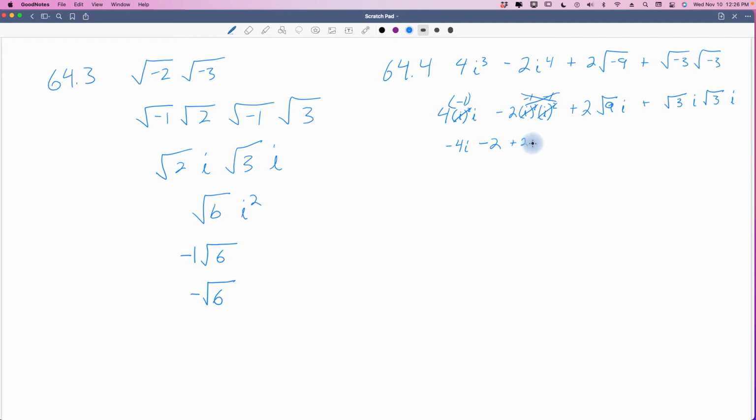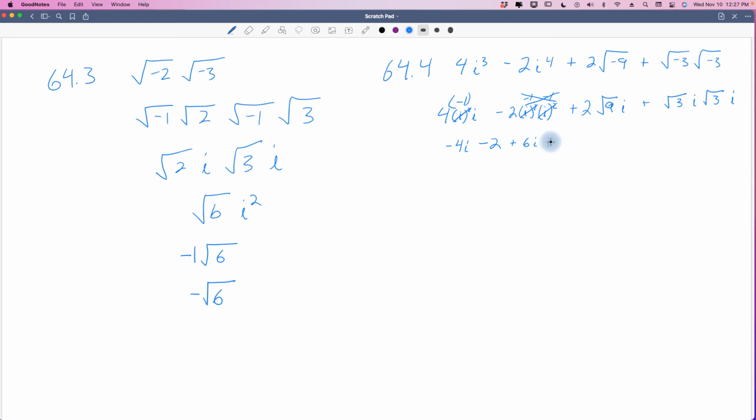Plus 2 times 9i. We can't really do anything with that. Actually, I take that back. We can pull 3 times 3 out of here, and 3 times 2 is 6, right? So we could actually pull out and say 6i from here.